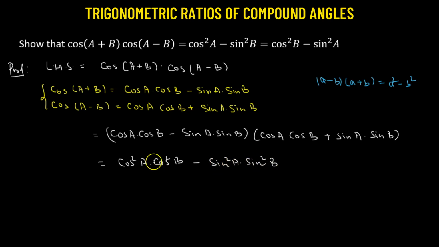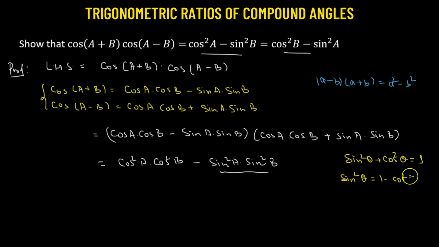We still have a few more steps to follow in order to reach the particular expression. Now we'll work with sine squared a and sine squared b, the second term. We will be using the identity that sine squared theta added to cosine squared theta has a value of 1, meaning we can express sine squared theta as 1 minus cosine squared theta.